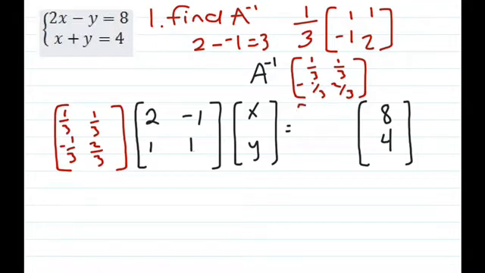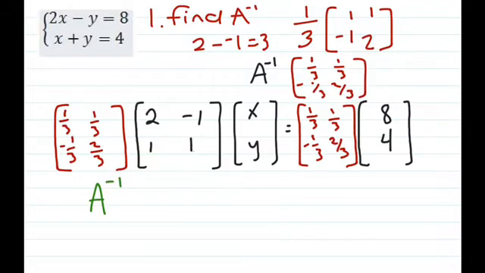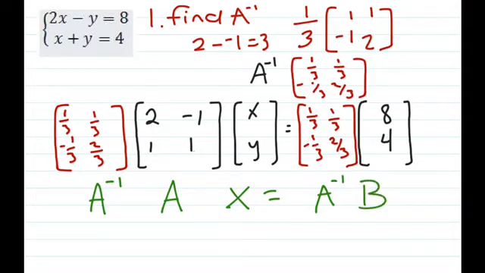We're also going to insert it right here, because if we do it to one side of an equation, we have to do it to the other side of the equation, just like we've always done. Okay, once we've got this, you'll notice that we now have the inverse times the matrix and the inverse times the constants. And so we've done the same thing to both sides.